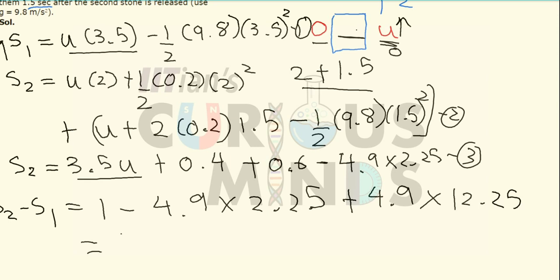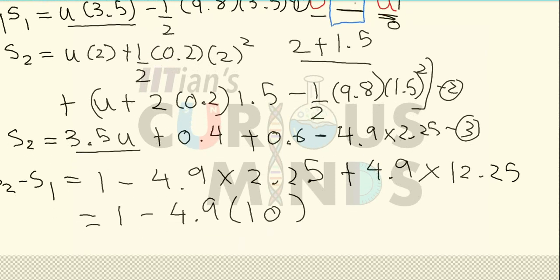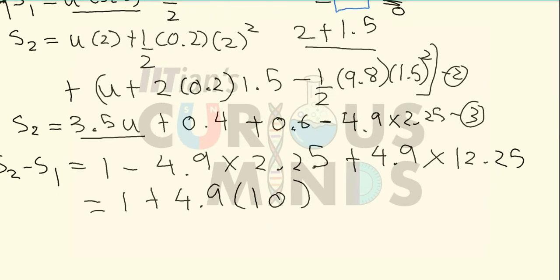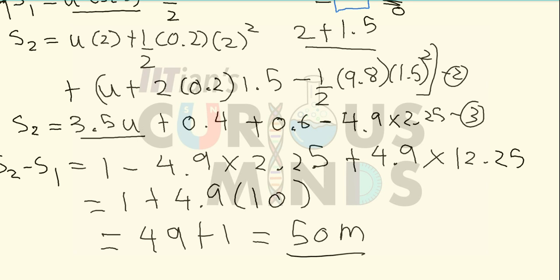So it will be equal to 1 plus 4.9 into, taking this common, 12.25 minus 2.25, which is equal to 10. So it will be 49 plus 1, which is equal to 50 meters. Now the distance between them 1.5 seconds after the second stone is released will be equal to 50 meters.